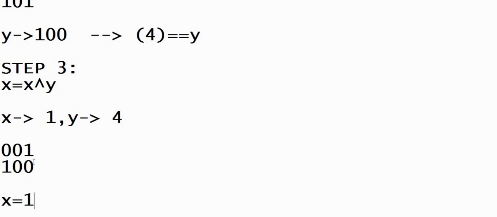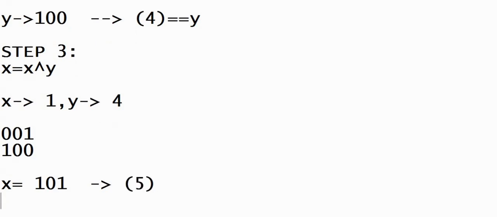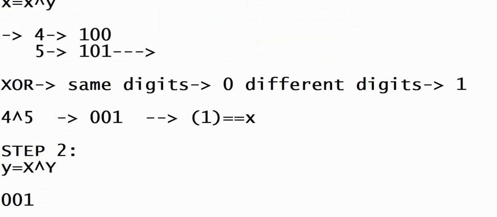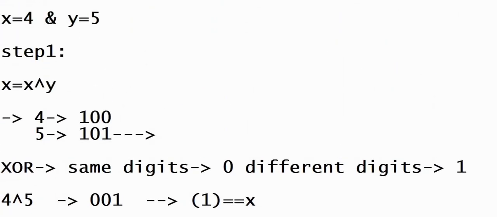This 101 is the binary representation of 5, and this value is held in x. So now x is equal to 5 and y is equal to 4. Before the operation, x is equal to 4 and y is equal to 5.